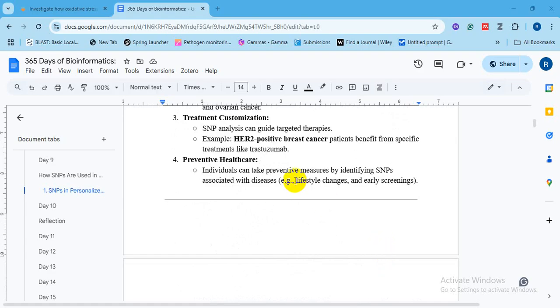What else? Treatment customization. SNP analysis can guide targeted therapy. Example: HER2-positive breast cancer. What is this? These patients have a variation in the HER2 gene.